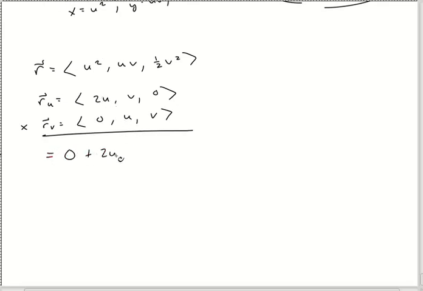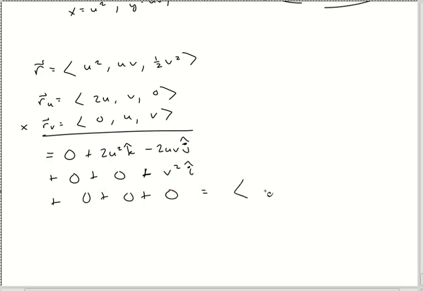I got 2u squared k. I have a negative 2uvj. 0, 0 in the middle. I got a positive v squared i. And then anything times 0, 0. So my i's I got v squared, my j's I got a negative 2uv, and my k I got 2u squared.